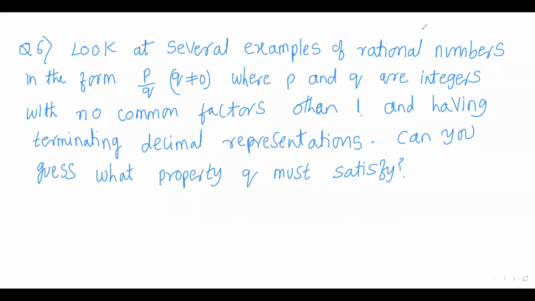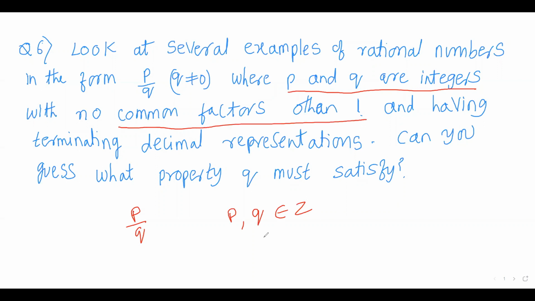In this particular question, we are asked to take some examples of p by q form. You should take p by q where p and q are integers. You can take any integers, both p and q belong to integers. These p and q should have no common factor other than 1. So they should have only 1 as the common factor.